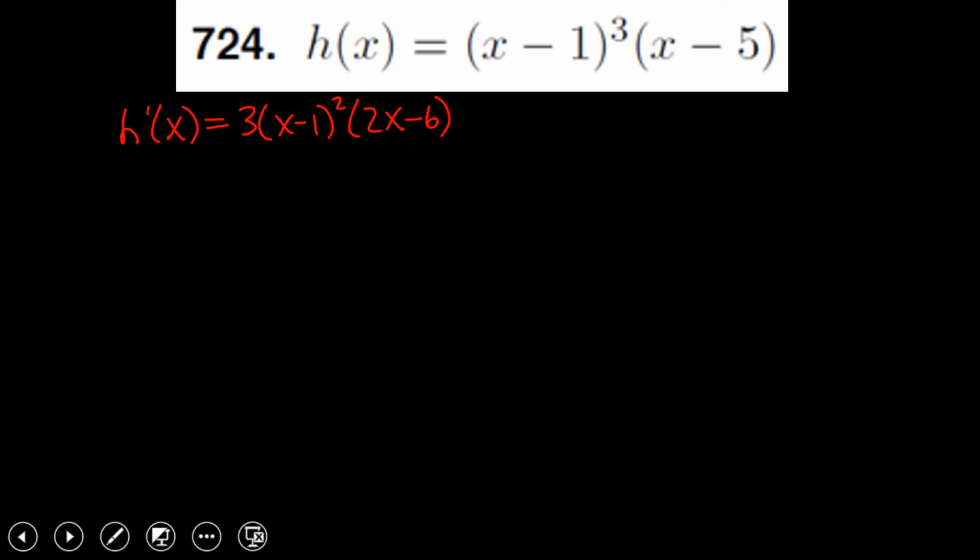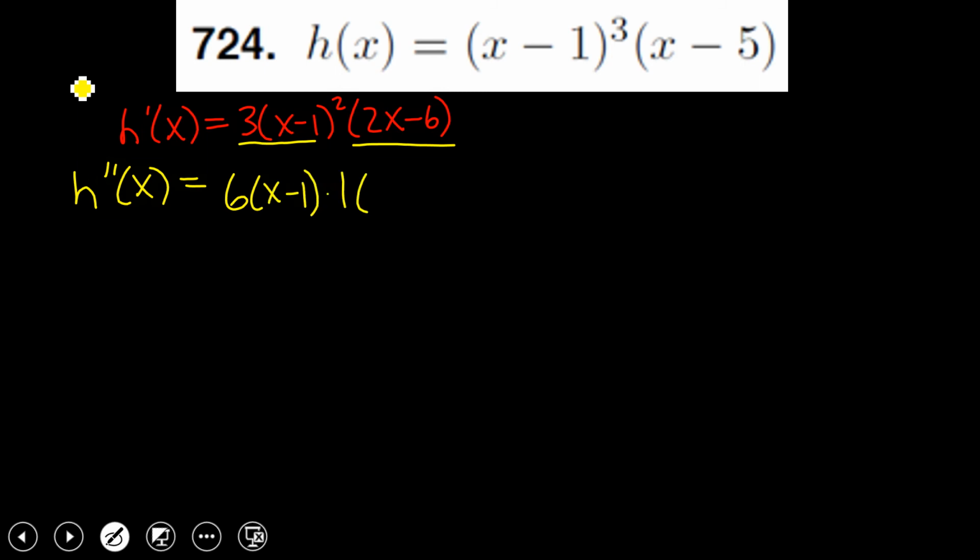Now what we're going to do is split this again into 2 separate ones. Okay, so I do product rule again. So I'm going to get 6 times (x minus 1) to the first times 1, and then that's times (2x minus 6). I'm also going to add on the first function, which is 3 times (x minus 1) squared times (2x minus 6). Okay, so we've got that piece.